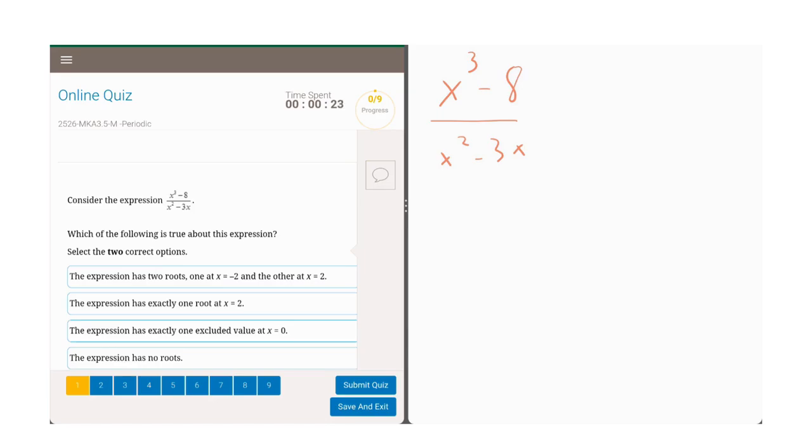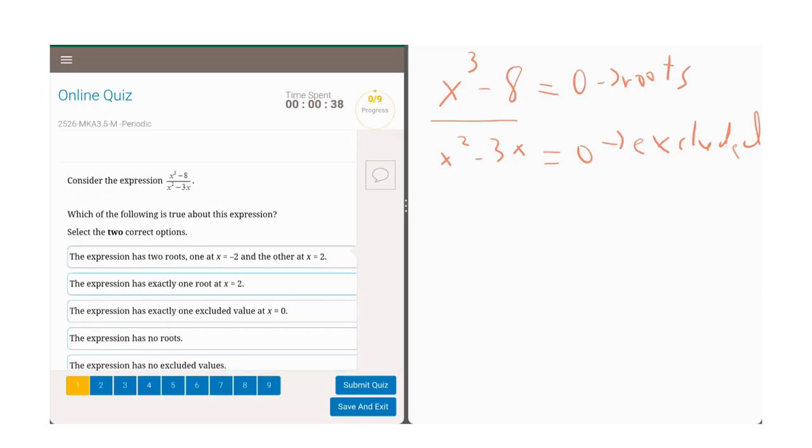So roots means numerator equals 0. And if denominator equals 0, then it will be an excluded value of x. So here the first option says the expression has two roots, one at x equals negative 2 and the other at x equals 2.